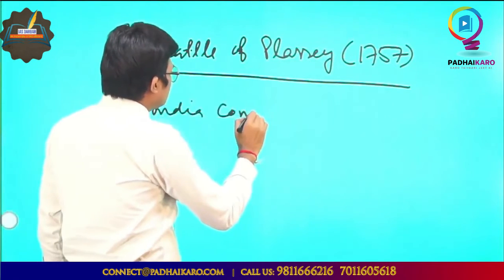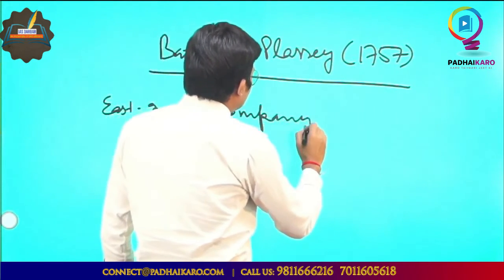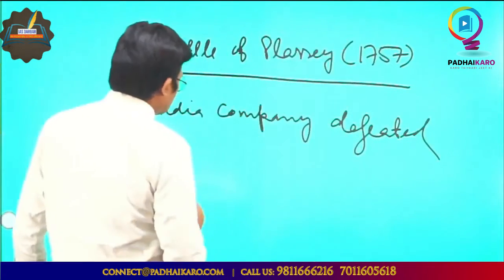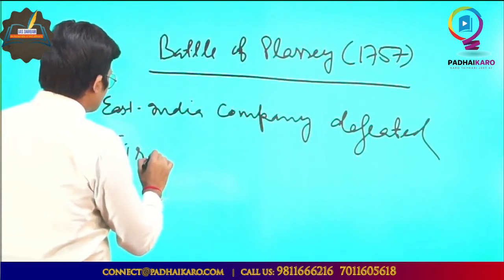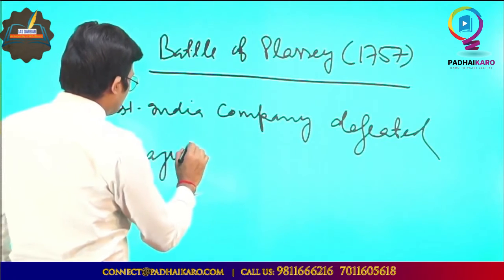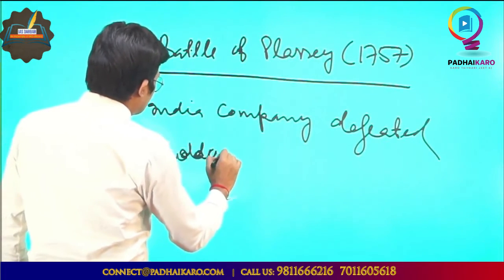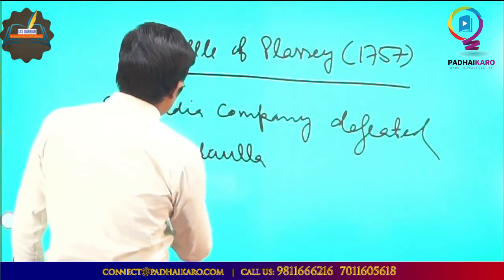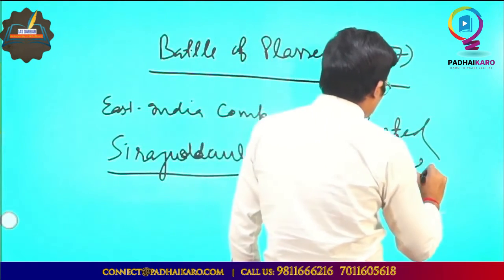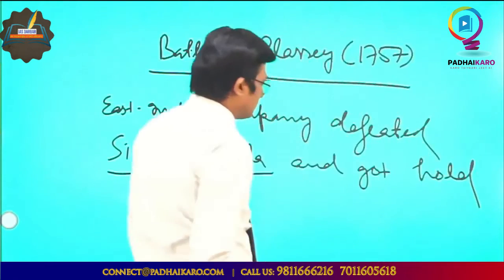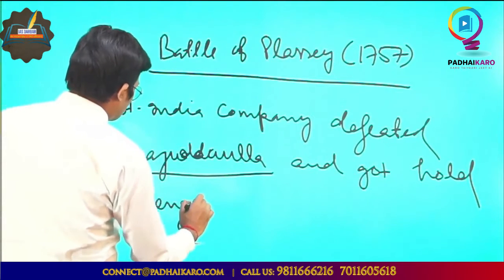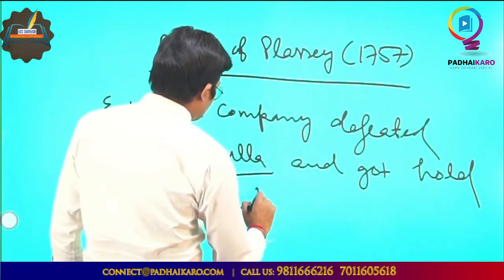The East India Company defeated Siraj-ud-Daulah and got hold of Bengal informally.